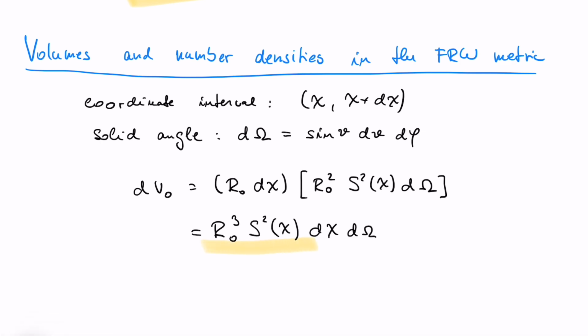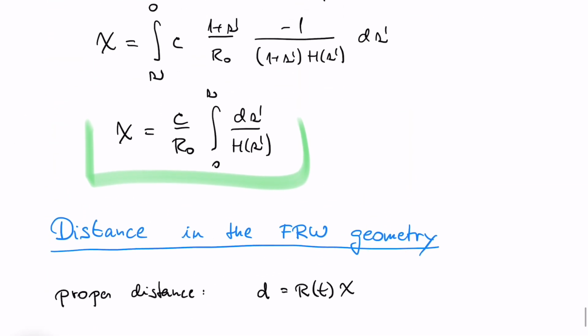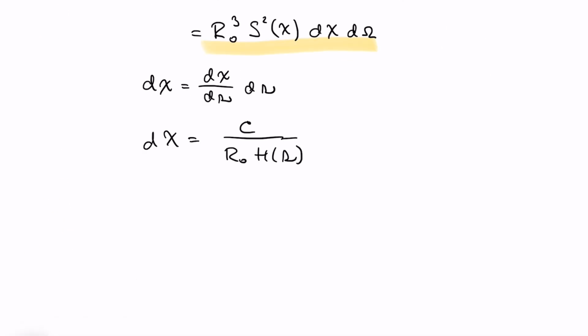Practically, the distances are often measured with the redshifts, and so we replace d chi by dz. But then we need the derivative. This we obtain from a relation that we derived previously. And so we get for the volume this.